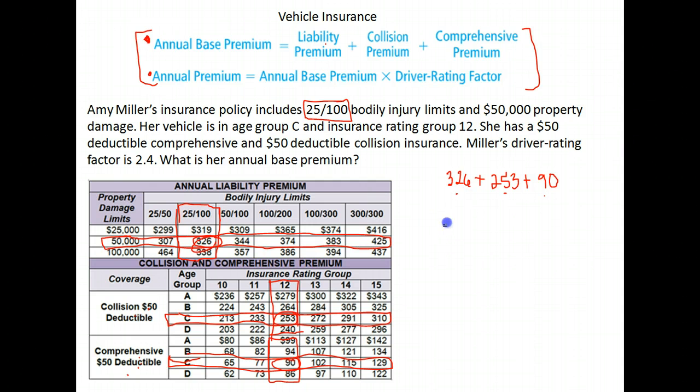Let's add all of those together, and that will give us her annual base premium. So $326 plus $253 plus $90 gives us a base premium of $669. This is the annual base premium, that's before they take into account her driving record and her driver rating. It did give us her driver rating, but we're not going to worry about it right now because it just asked for the annual base premium.